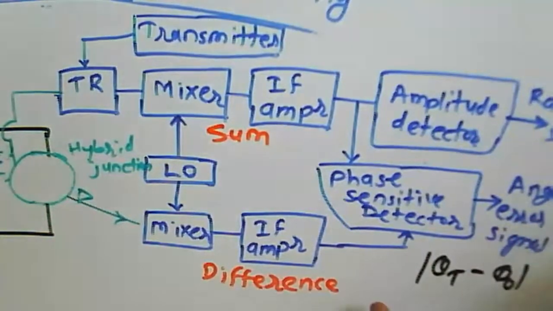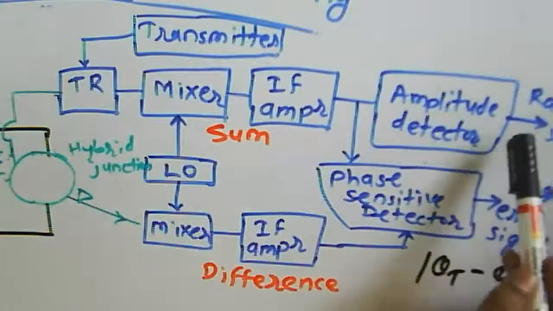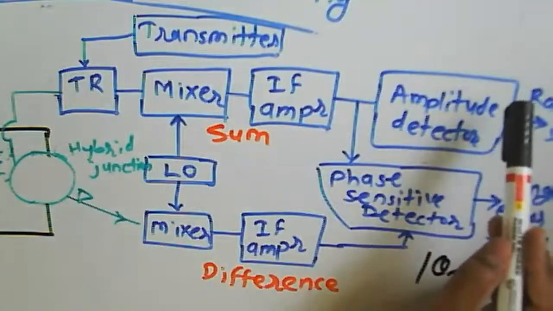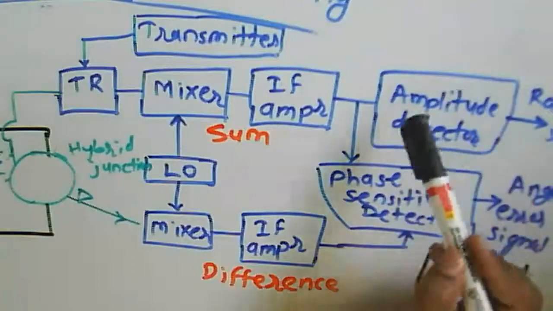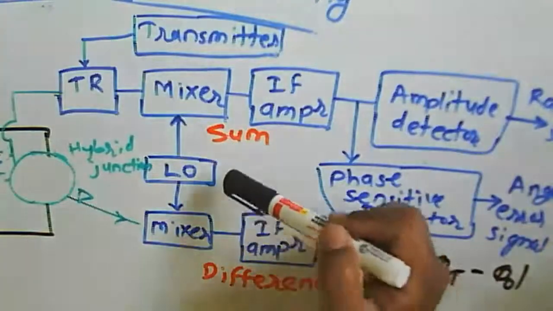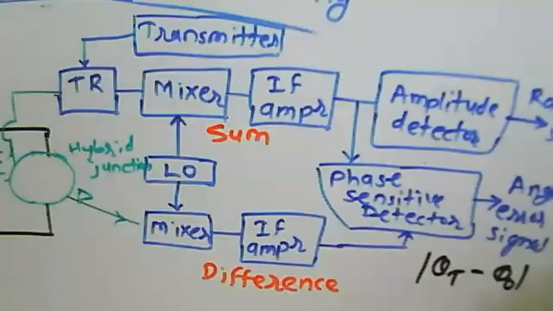Okay, but in the case of amplitude, we are getting the signal in terms of amplitude. That amplitude of the signal is about a sum as well as the difference. If we compare, for the sum channel, the signal will be cos of omega t.